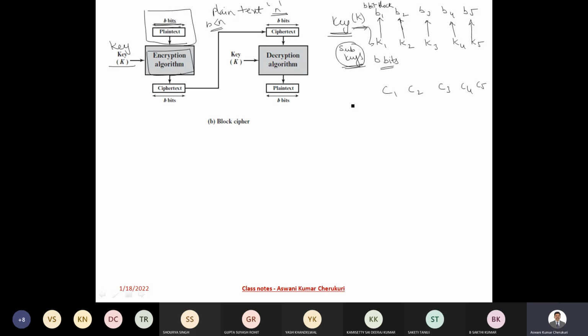And at the decryption, again you supply the keys and get the plain text back, that means B1, B2, B3, B4 and B5. Are you able to follow what we are discussing?